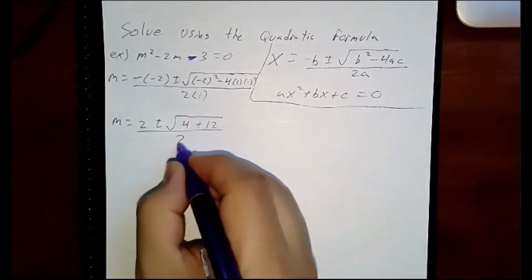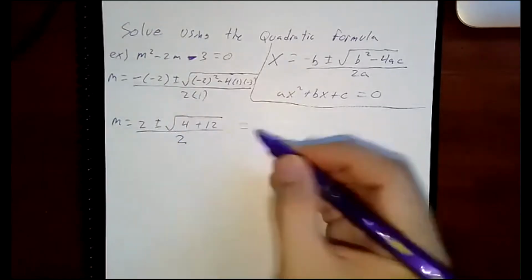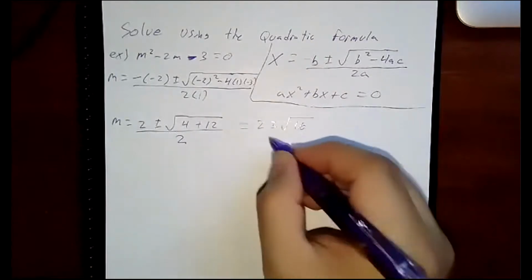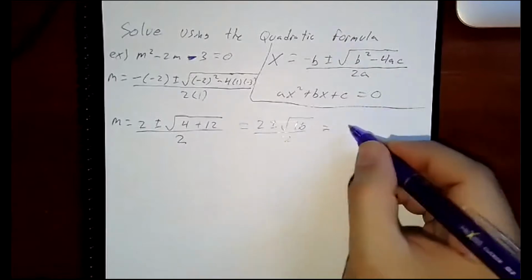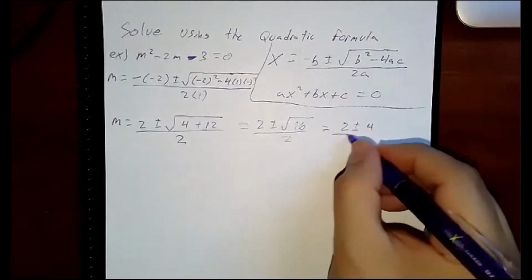All over 2 times 1, which is 2. So then just combine stuff and we should be pretty much done here. That will be 2 plus or minus the square root of 16 over 2, which will be 2 plus or minus 4. The square root of 16 is 4.